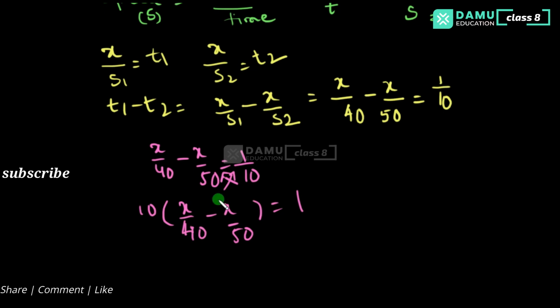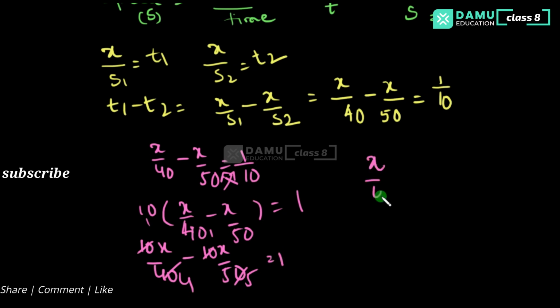So 10 ones are 10, 10 fours are 40, and 10 ones are 10, 10 fives are 50, so x by 4 minus x by 5 will be equal to 1.